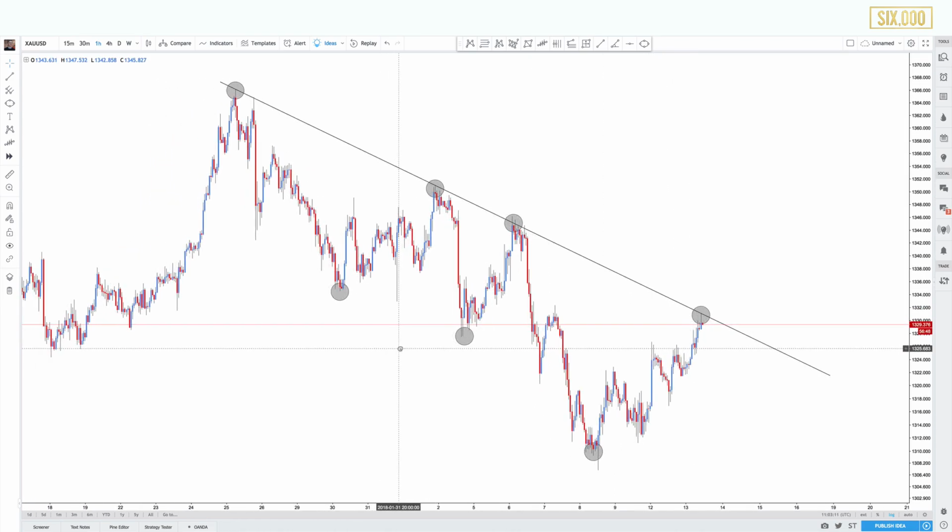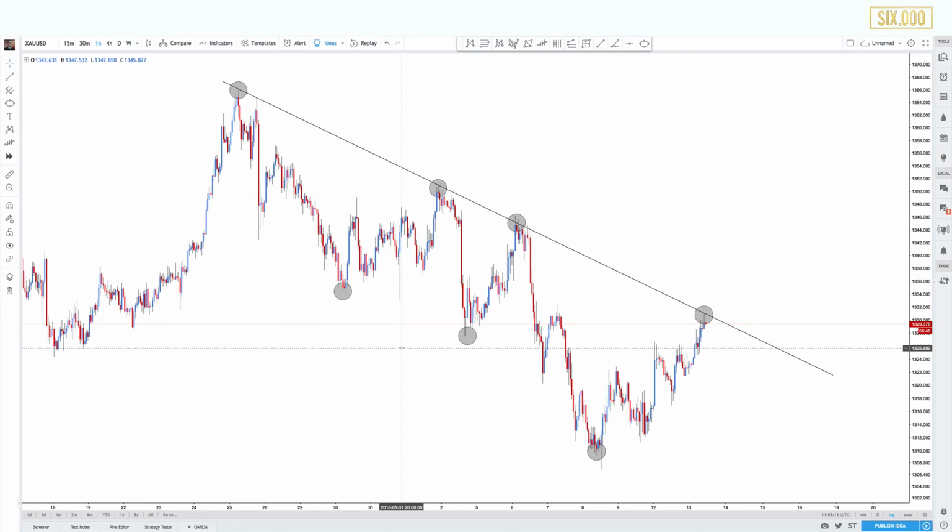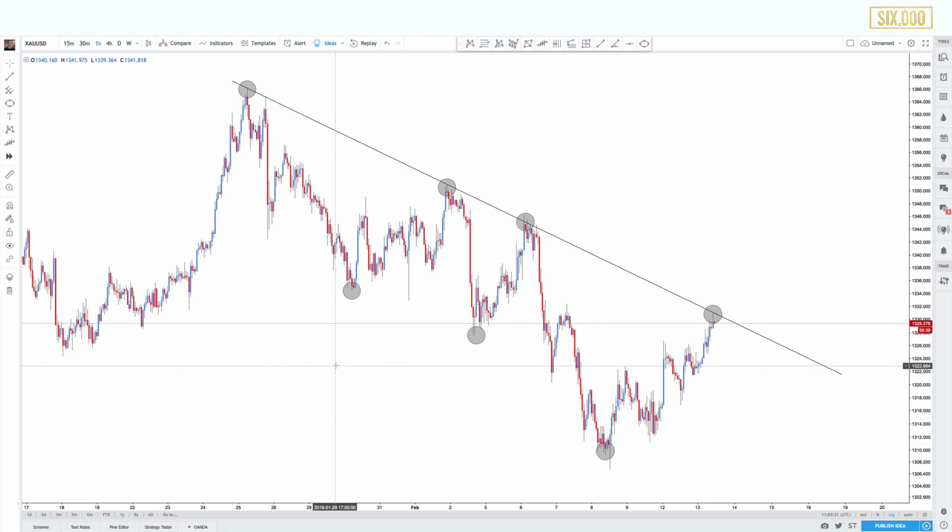Now what I love about trend lines, and I know it's in the name, trend lines, a lot of people think it's just for trending markets, but you can actually use them in ranging markets as well, and they apply to various different trading situations. You can actually use them for almost every part of the market. I've noticed one here whilst drawing up this chart.